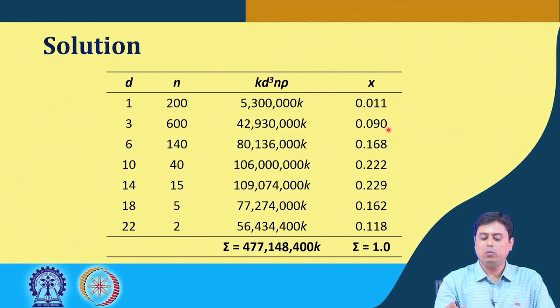Similarly we find all the fractions for all the components by dividing each value by the summation. This value divided by this value gives us 0.229, this value divided by this gives this value, and we will see automatically that the total x will be 1.